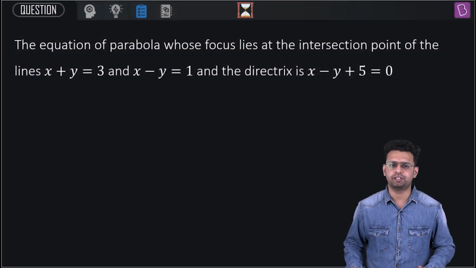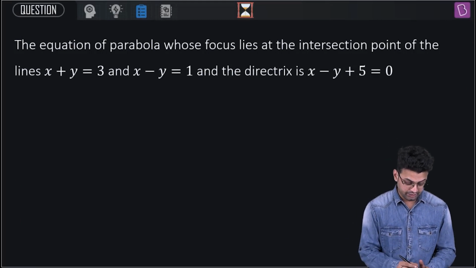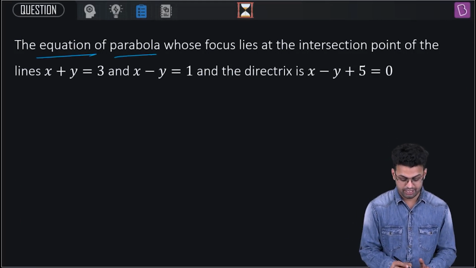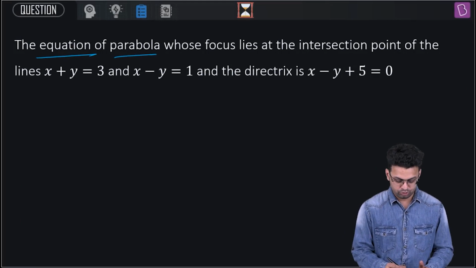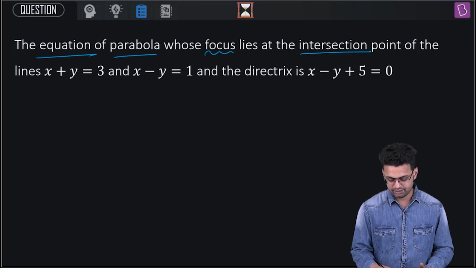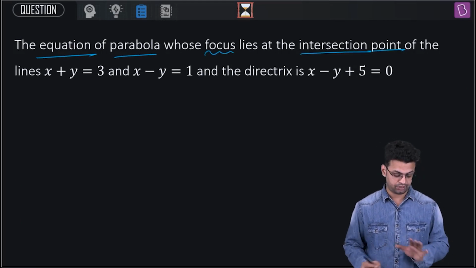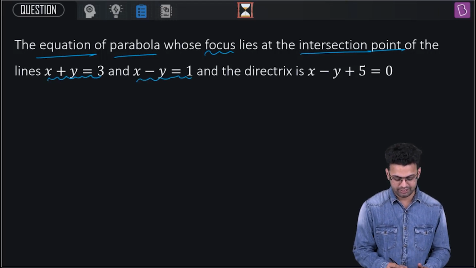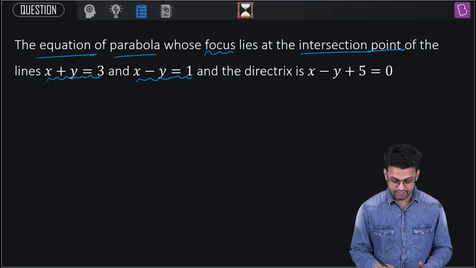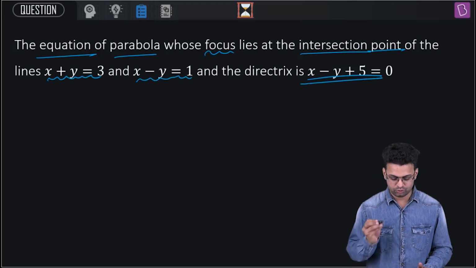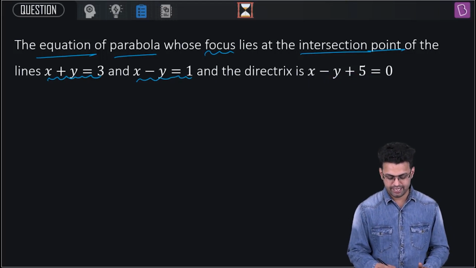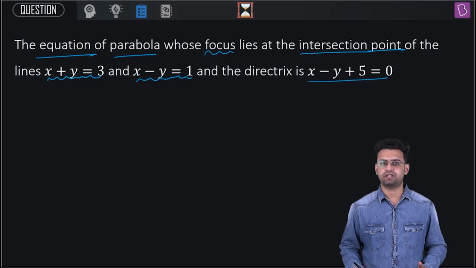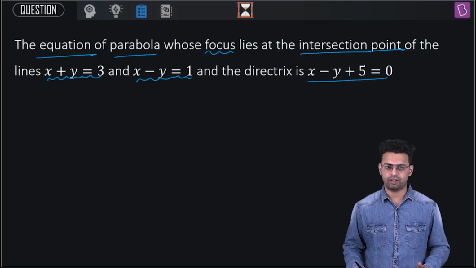So now in this question, we have to find the equation of a parabola whose focus lies at the intersection point of the lines x plus y is equal to 3 and x minus y is equal to 1. And the equation of directrix is also given to us, which is x minus y plus 5 is equal to 0. Okay.